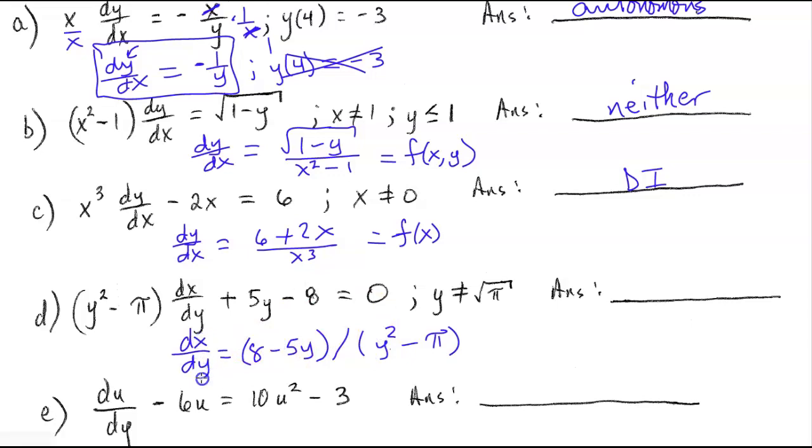So y is the independent variable here. And so my function on the right-hand side is defined in terms of the independent variable here. So because of that, D is acting just like C is. So this would also be directly integrable.